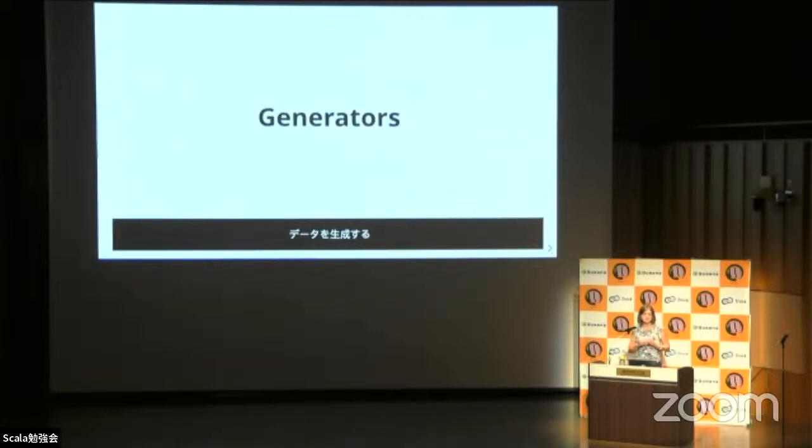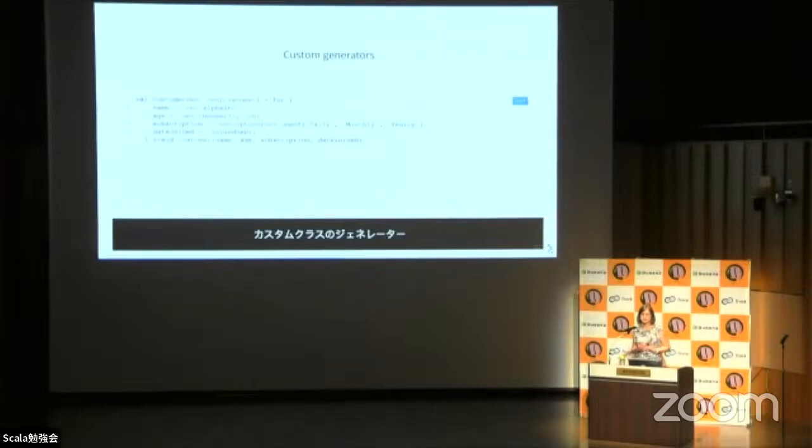Now, where does this generated data come from? Generally, for simple types, you will get generators or sample data out of the box. So for strings, lists, numbers, and so on, you will just get it from the library. But for your custom types, sometimes, and actually usually, you will have to prepare your own generator, which is a recipe for what you mean by a correct object that can be generated for the test. So here is a sample recipe for a customer, and you combine it from existing built-in generators that you have.